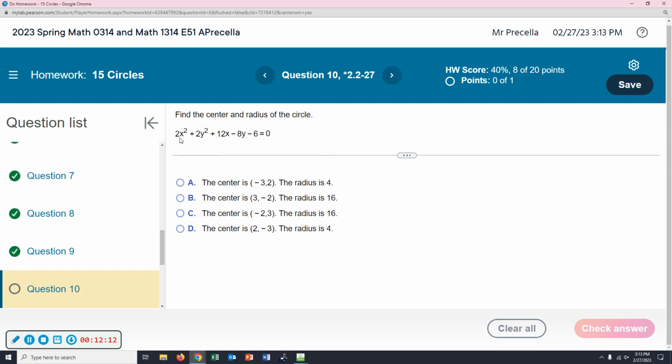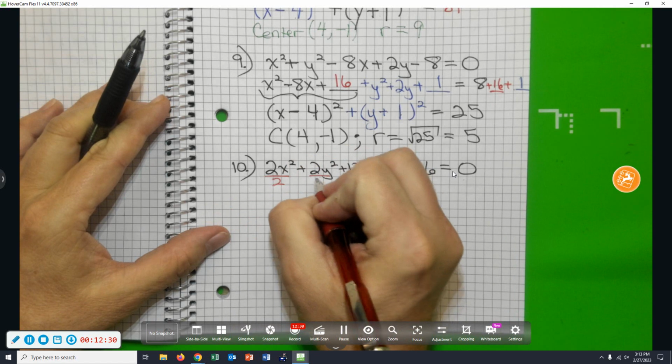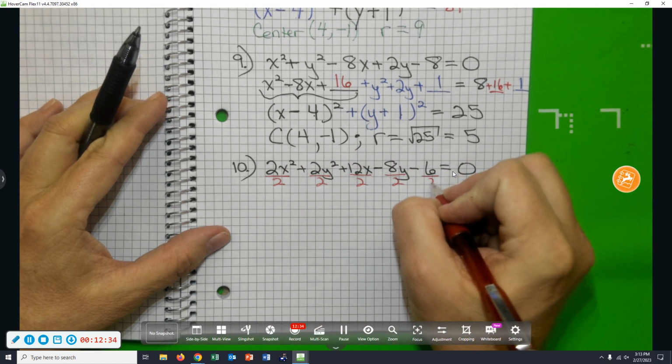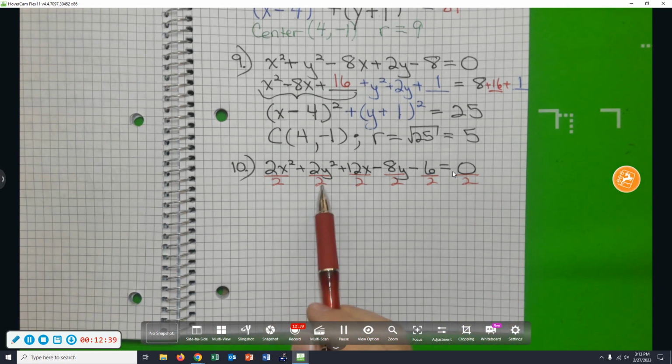We've got to get rid of this 2 in front of the x squared. What would undo that? Would subtracting 2 or dividing by 2 cancel out this 2? Dividing by 2. You're going to have to divide straight through by 2. Then I think it's going to look very much like number 9. Notice I'm dividing each term by 2.